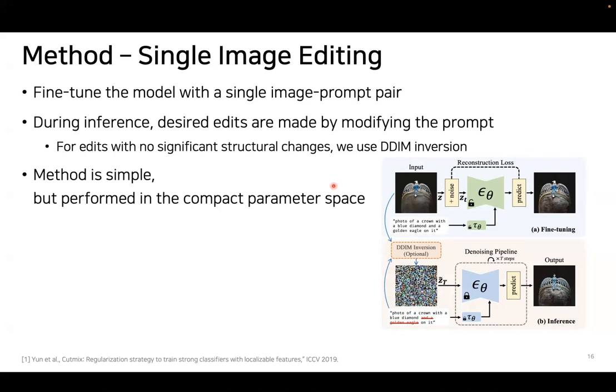Actually, when we suffer from the language drifting issue, single image editing is very difficult to do. So they propose this single image editing, then they can say that they overcome the language drifting limitation. This is their evidence.